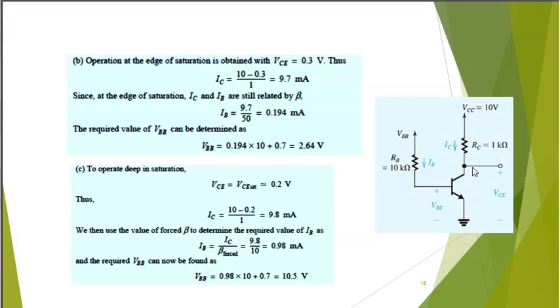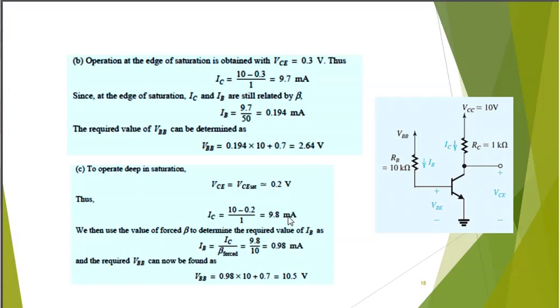But IC is not beta times IB anymore. We are in the saturation mode, and we know that in the saturation mode, VCE is always 0.2. So I know that here the value is 0.2. So can I find IC? Yes, 10 minus 0.2 over 1. It's going to be 9.8 milliamps.